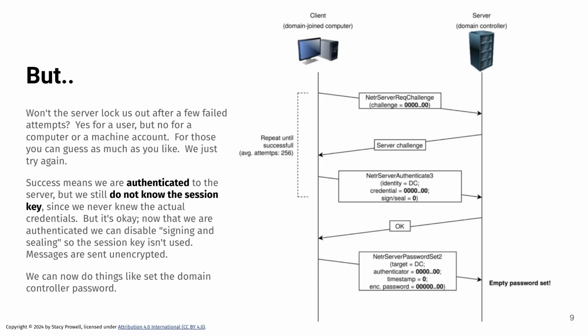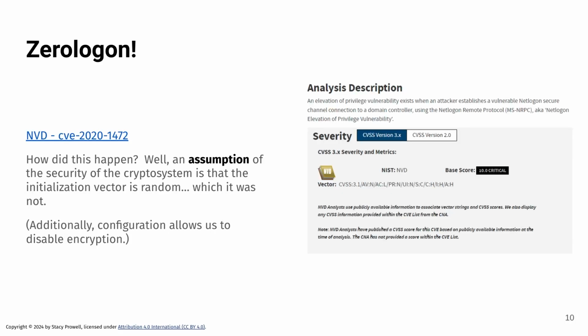For example, maybe I can go ahead and set the server password. That's great. So I'll do something like set the domain controller password at that point. This is bad. What I've done is I've just logged onto the domain and potentially made changes to it as whatever user I want to be without knowing the credentials. So that breaks the whole model.